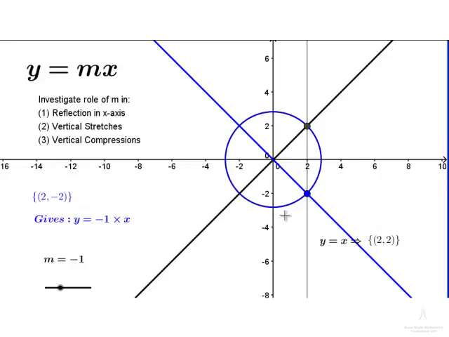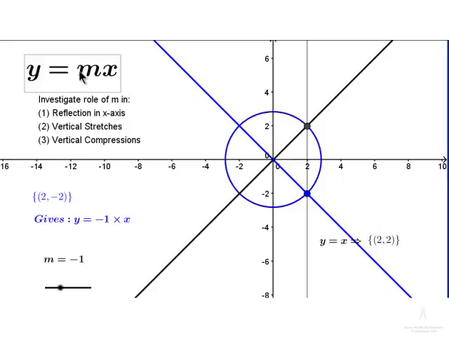Then this blue line is a reflection of the black one in the x-axis as mirror. So when do we get a reflection in the x-axis? That's when we multiply by a negative number.